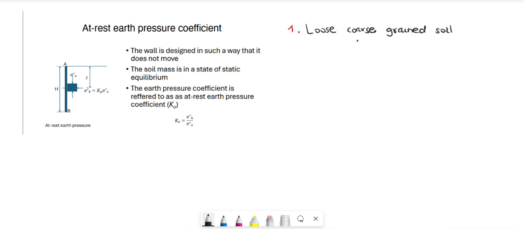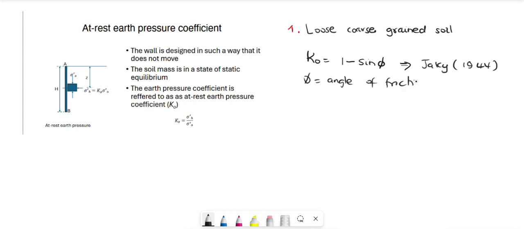So for a loose coarse grain soil, the formula for finding K naught is equal to 1 minus sine phi. And this was by Jaky in 1944. Now phi is the angle of friction. It's a shear parameter.